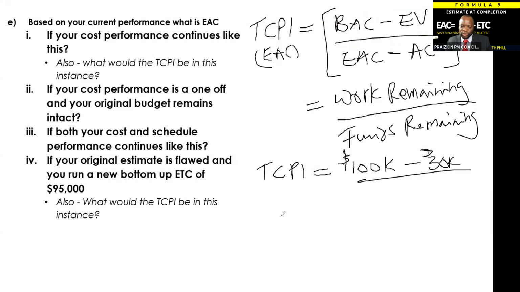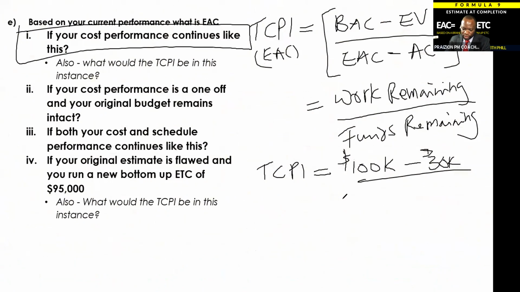So what was the EAC we got in this instance if your cost performance continues like this? Do you guys remember what we got? I think the number was 133K. So we're going to have to use 133 as the EAC.